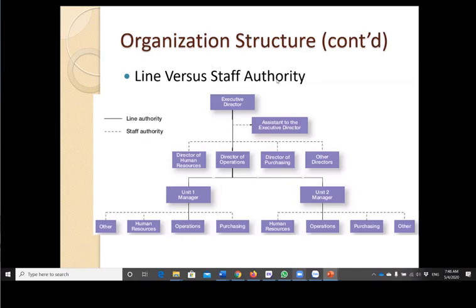So the chain of command, right? This connects the people in different levels of the organization, right? And in a typical organizational structure, organization chart, you may see another line, often in dotted form, and it's called the staff authority, like this.